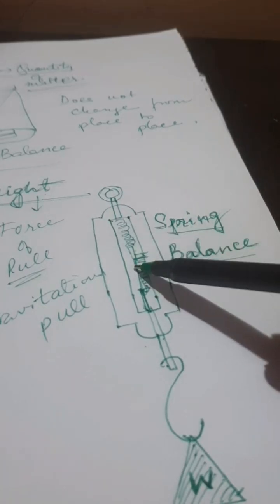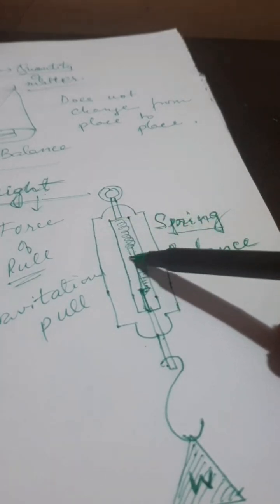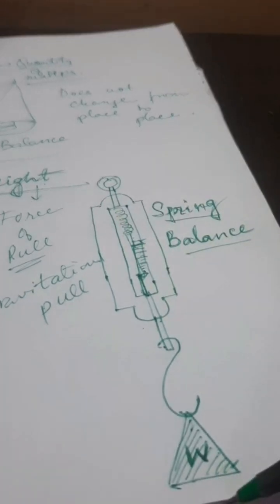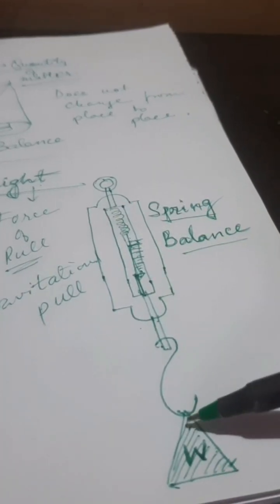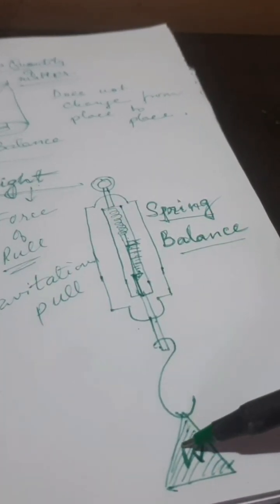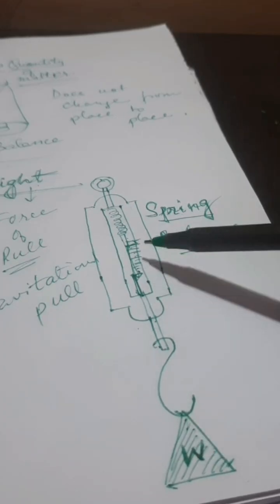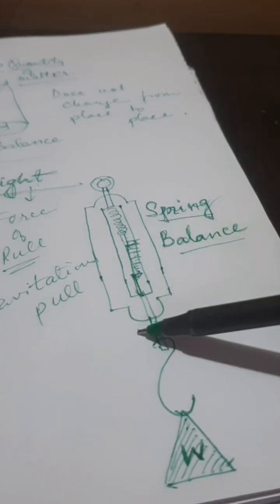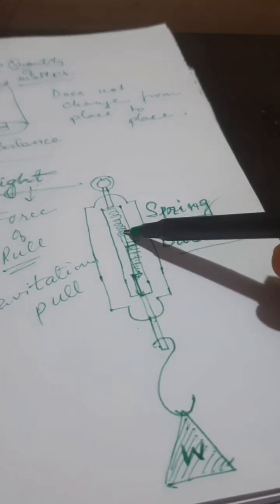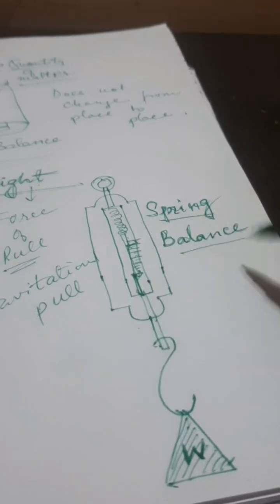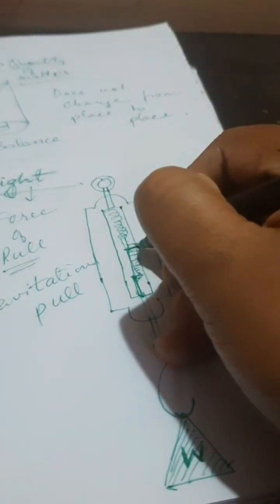This spring balance is having a spring inside here. Whatever weight you put or you attach with this hook is actually pulling the spring down. As the spring is being pulled down, here is a pointer.